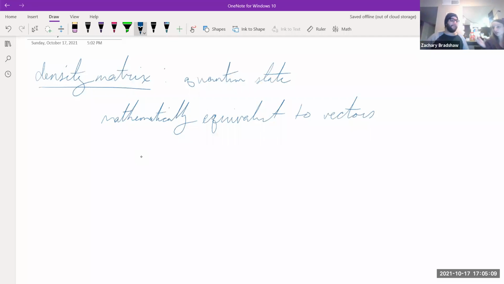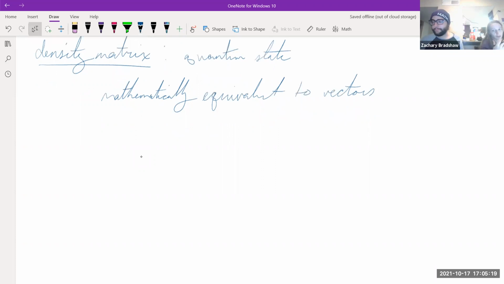Which is good because I'm here for the wishy-washy intuition and you're here for the hard math. So, all right. They're mathematically equivalent, but the density matrix or density operator, which we normally will call rho, is in comparison to our ket. This rho lets us describe a larger variety of states in a convenient manner than these kets do.